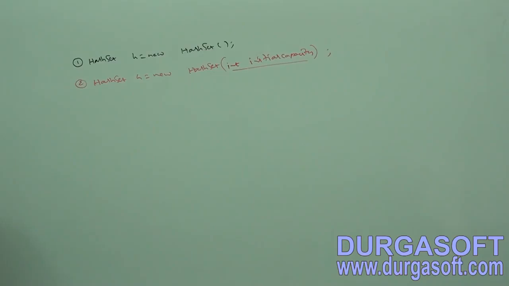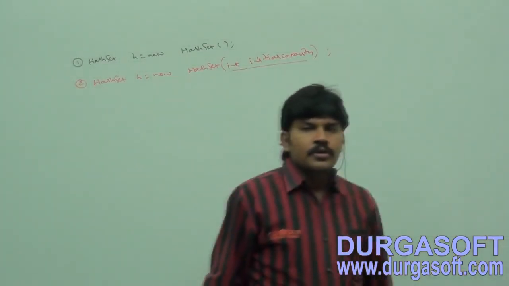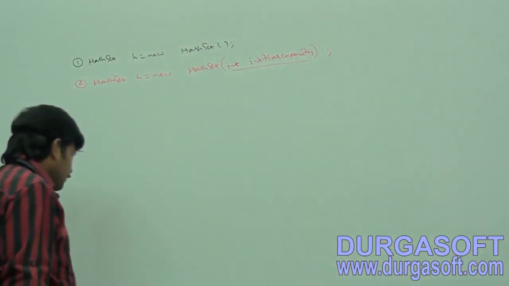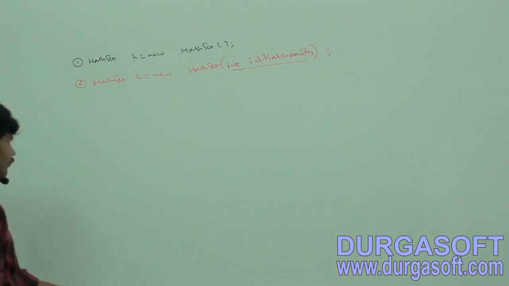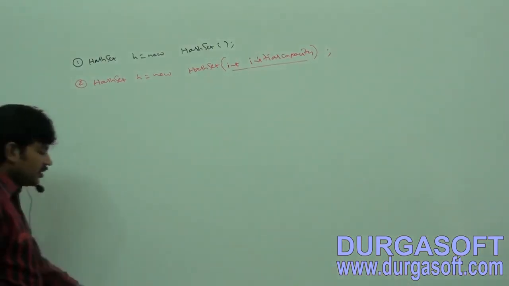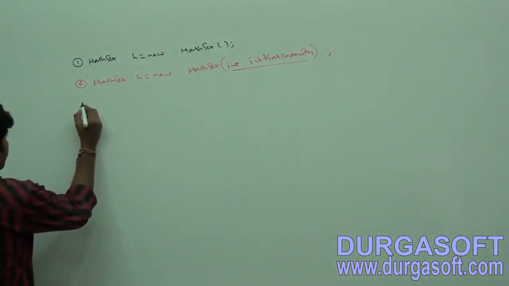Can I spell out what the default fill ratio is? 0.75. Okay, that's all. So this is the second constructor we have.